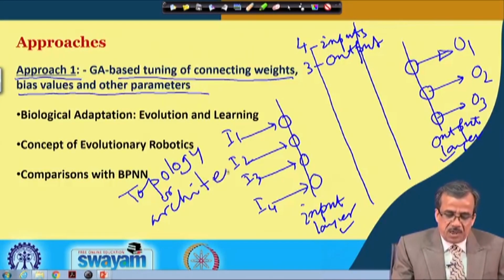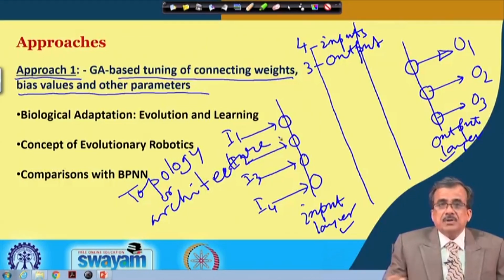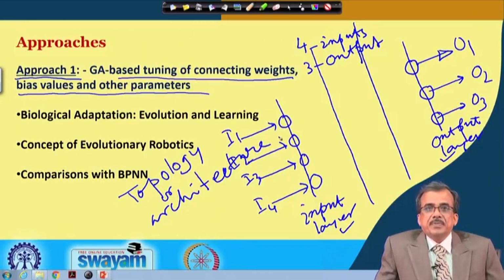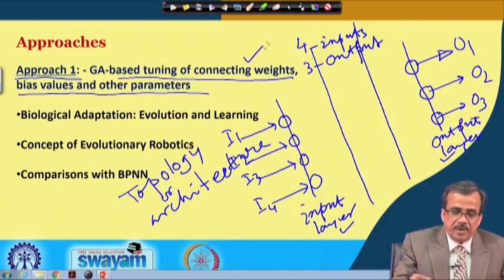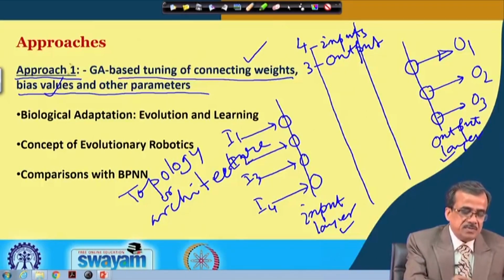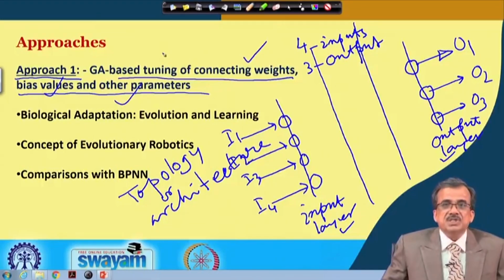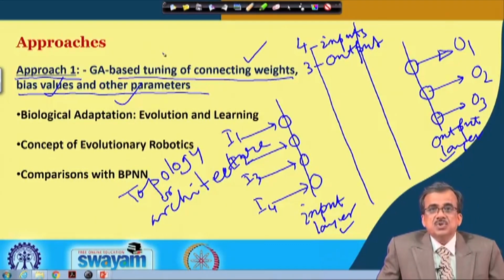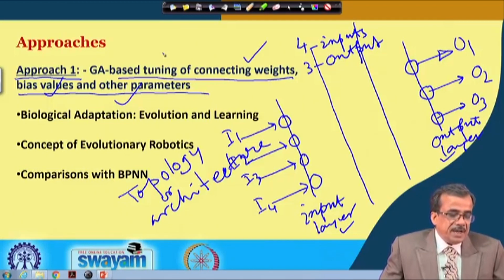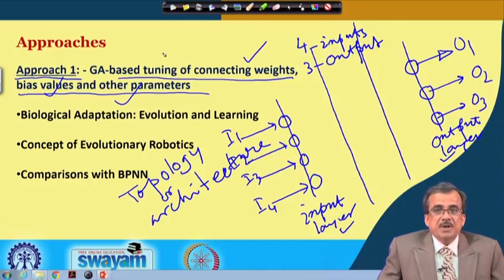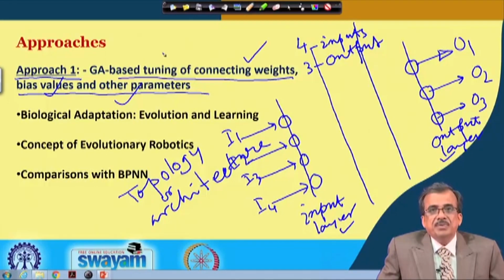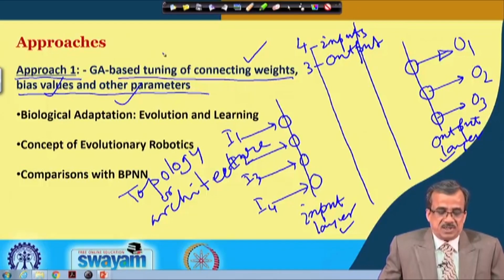Now, if we keep the architecture or the topology of the network fixed, its performance depends on the connecting weights, the bias values, the coefficient of transfer function and so on. So, our aim in approach 1 is to determine the optimal values of this particular network, so that it can perform in the optimal sense.